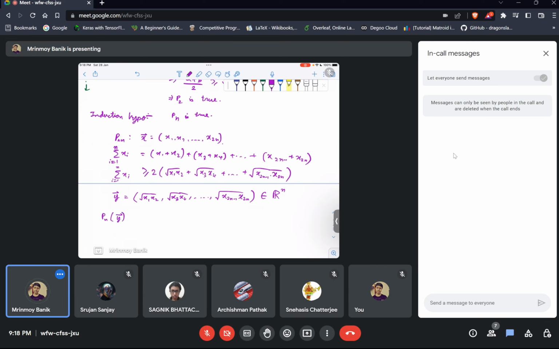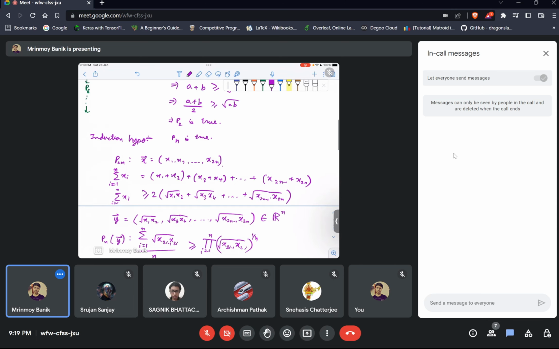Applying Pn on this vector, we get sum over square root of x2i minus 1 times x2i, where i runs from 1 through n, divided by n, is greater than or equal to the rest.